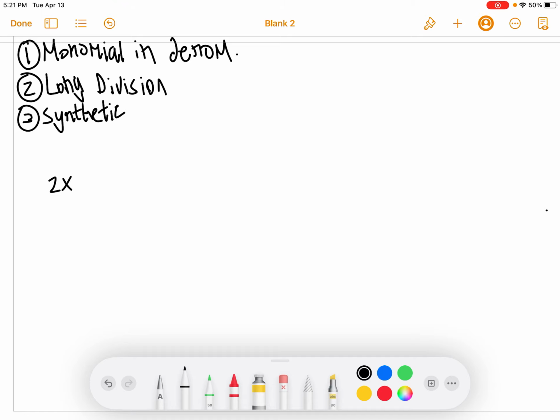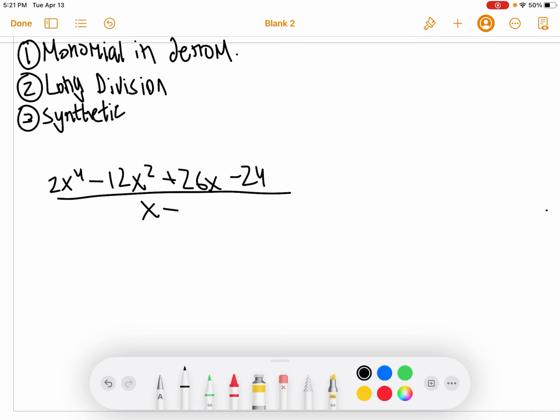2x to the fourth minus 12x squared plus 26x minus 24 divided by, how about x minus 9. So here's what you do.